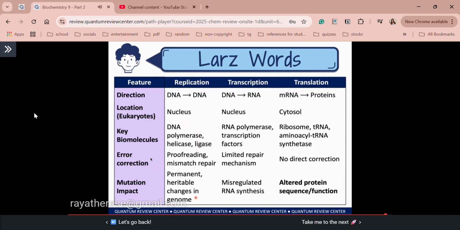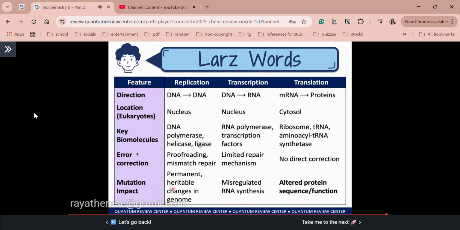All right, and lastly, for mutation impact: replication, class, again, this is a domino effect, permanent ang impact, and this is actually heritable changes in our genome. That's why it also serves as a point of variation that plays an important role in evolution, diba?